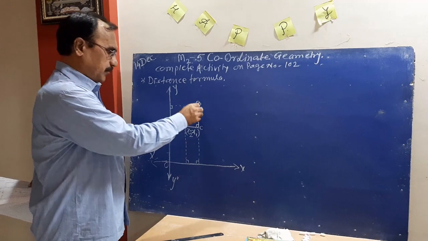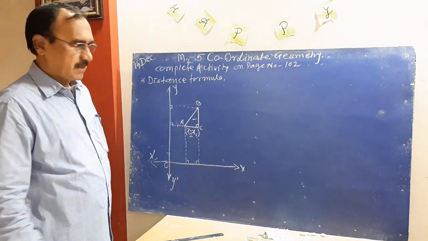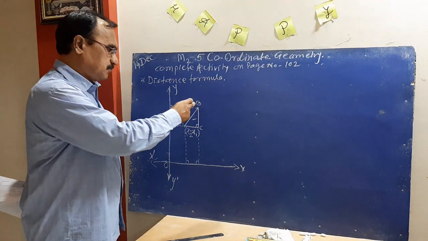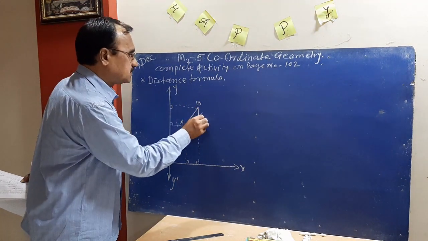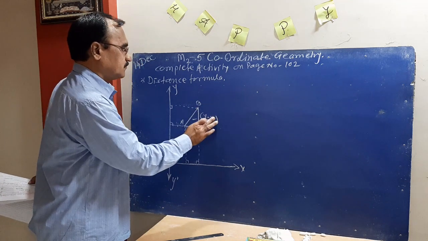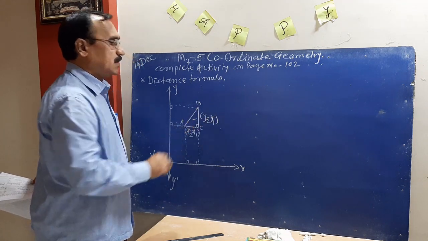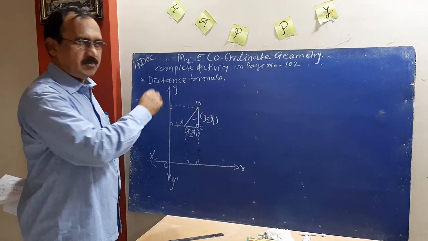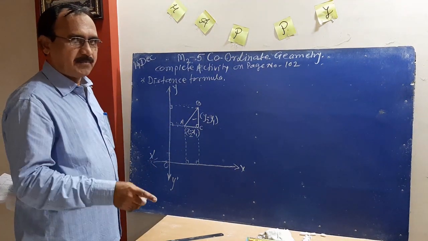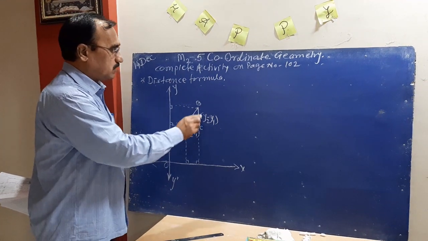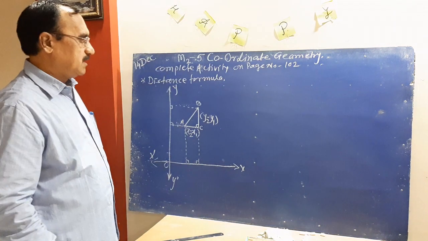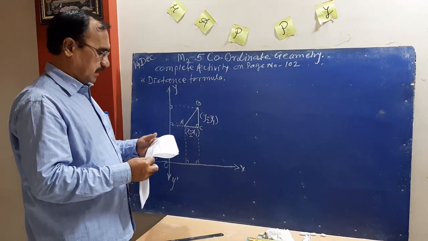Then again, BC is parallel to the y-axis. If BC is parallel to the y-axis, then you know the distance between points B and C is y2 minus y1. But we have to find distance AB. But you know, this is a right angle triangle. By Pythagoras theorem, if we know the lengths of these 2 sides, we can easily find distance AB or the length of segment AB.